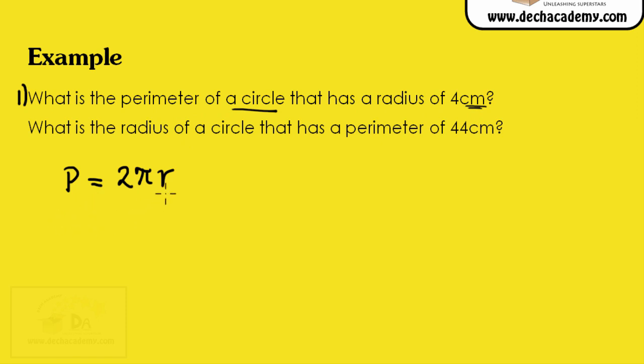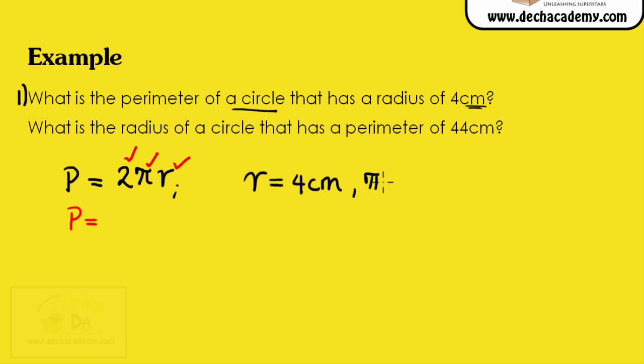We're told that the radius of the circle is equal to 4 centimeters, and you want to be able to say that P is equal to something. 2 is a number. Pi, you know, is 22/7. And r is 4. So we can simplify the right-hand side to get a numerical value for our perimeter.